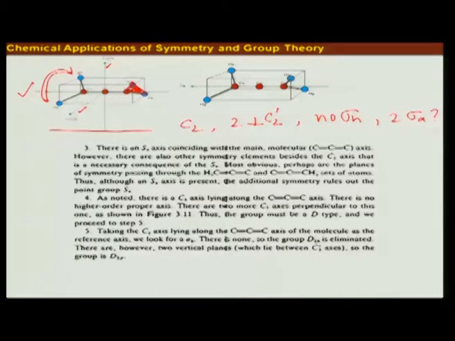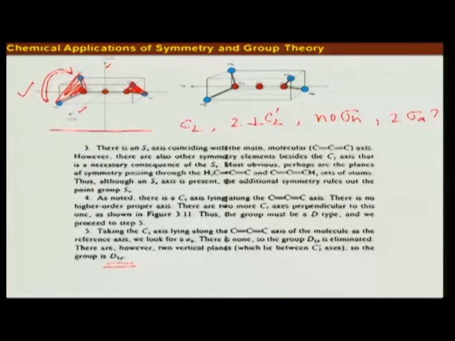So this will be a symmetry plane. Similarly, this plane will also do the same function. If you extend this plane throughout the body of the parallelepiped, you will see that very clearly. So we have two sigma d's, and therefore this molecule ultimately belongs to the point group D2d. I knew that this is D type and there are two sigma d's, so it is D2d point group.